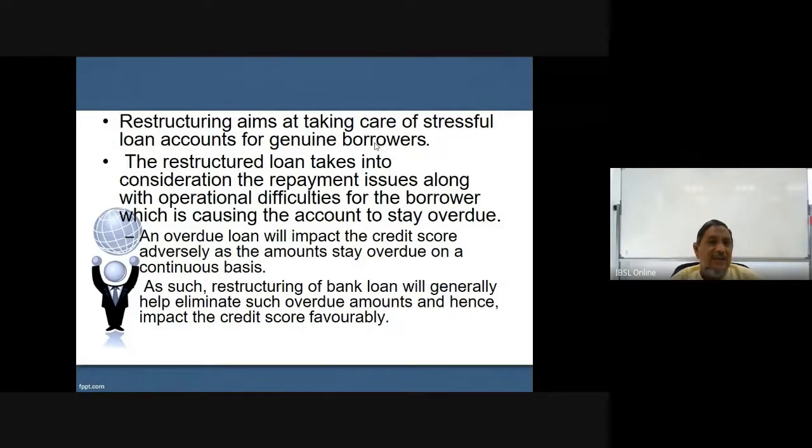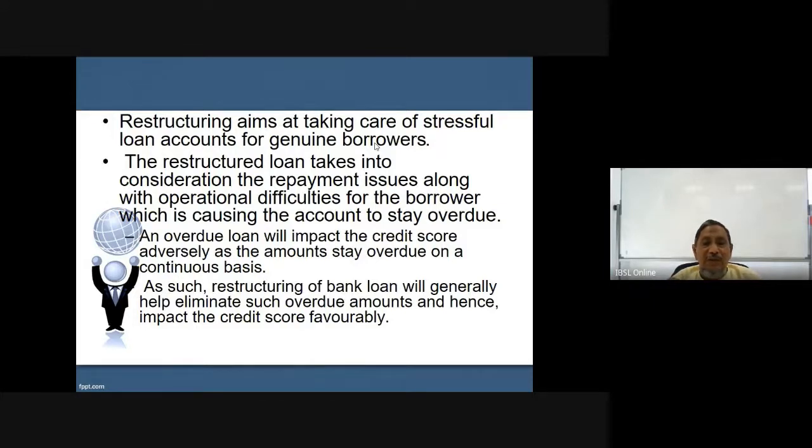The restructured loan takes into consideration the repayment difficulties of the borrower, which are causing the account to stay overdue. Try to rectify the operational difficulties and the actual problems.